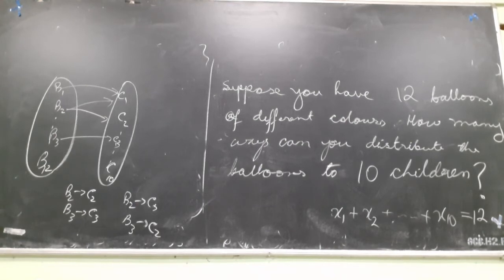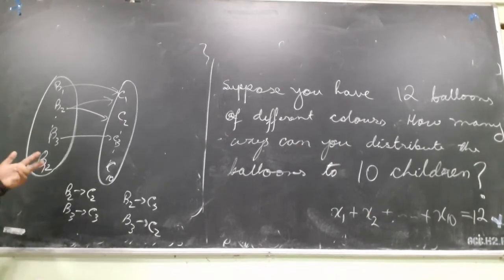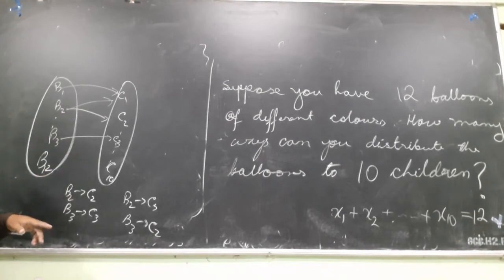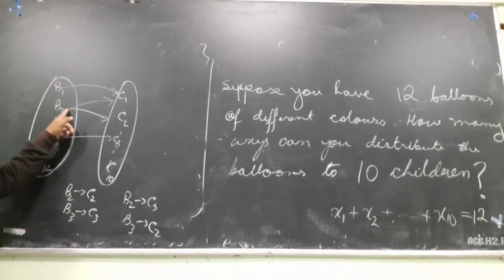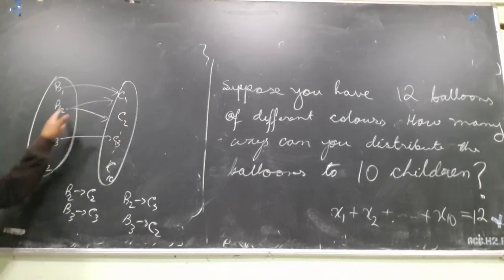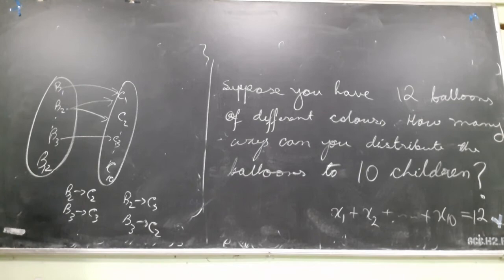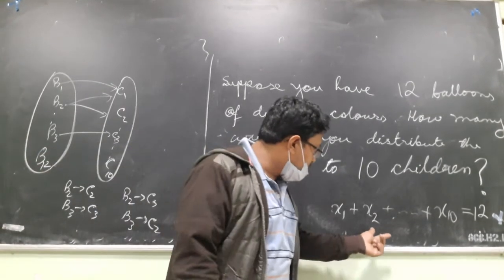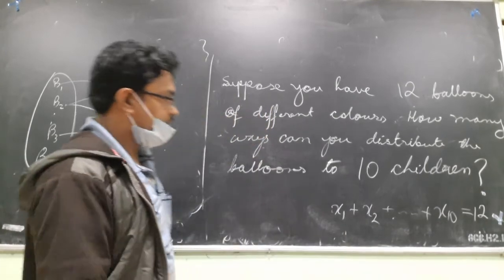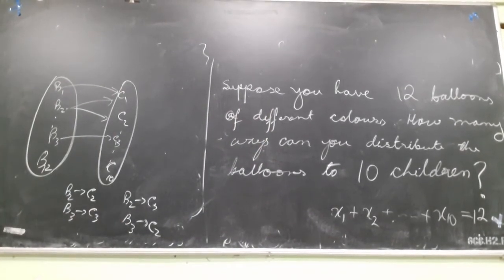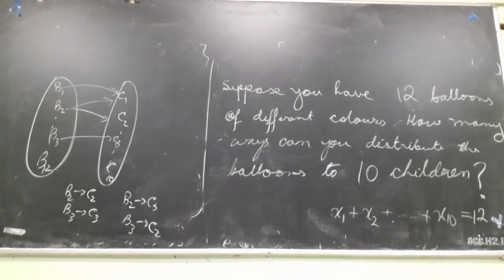So if we construct functions, the color is also taken care of. Suppose I am giving B2 and B3 to C2. That means to the second child I am giving two balloons of different colors. So is the color being taken care of in this construction? That is what we have to identify, and then we can conclude that this and this are the same.